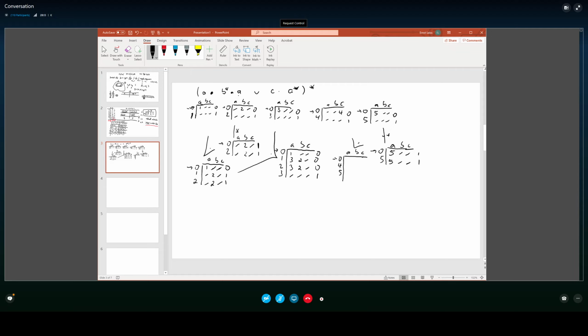1 and 4, all of them already there. 2 is 3, 2, nothing. We have 3, 2, and nothing. 1, 5 is 1, 3, 5. 1, 5 under B is 2, and 1, 5 under C is 4.